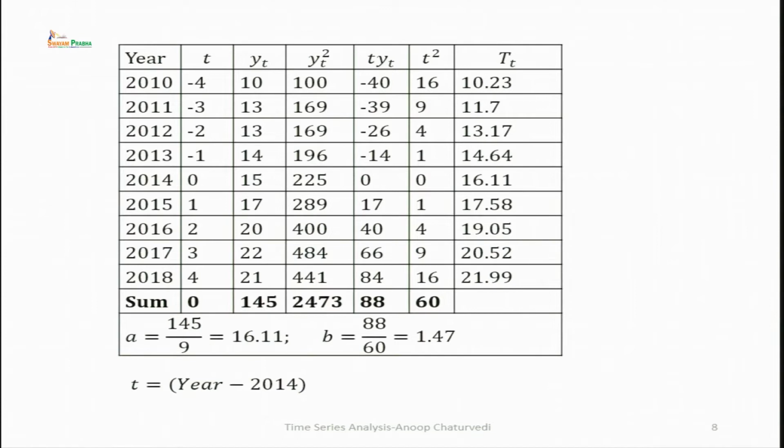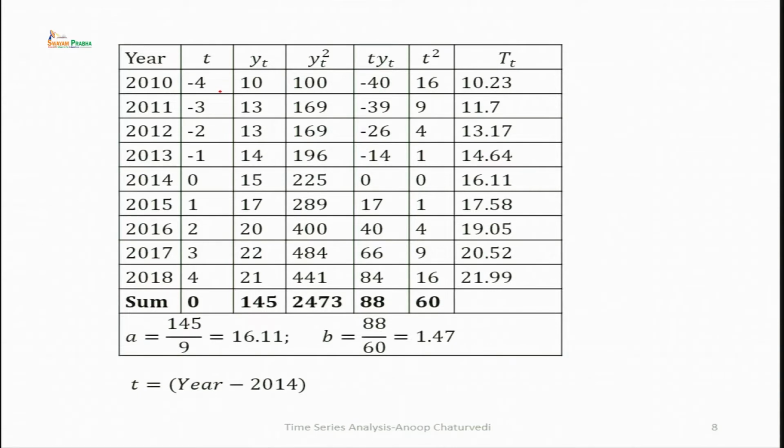After this transformation, you take t equal to year minus 2014. So, corresponding to 2014 you have 0, corresponding to 2013 you have minus 1, then minus 2, minus 3, minus 4, and for years greater than 2014 you have 1 corresponding to 2015, 2 corresponding to 2016 and so on.